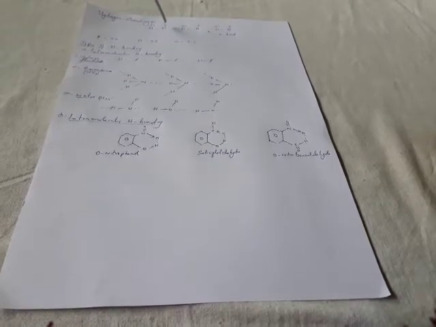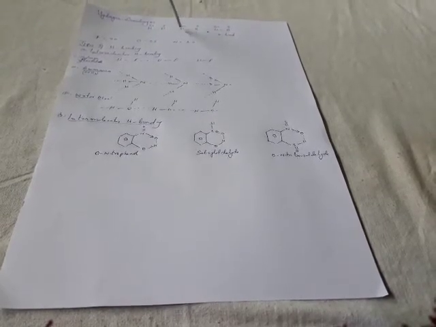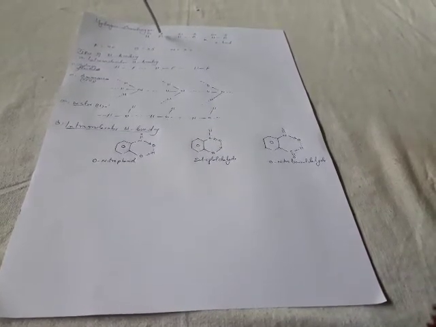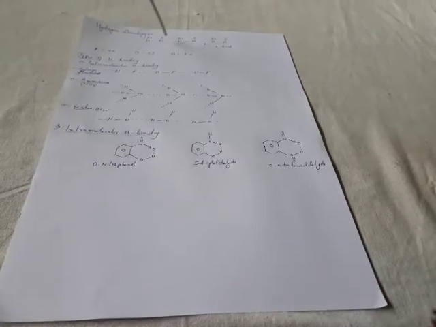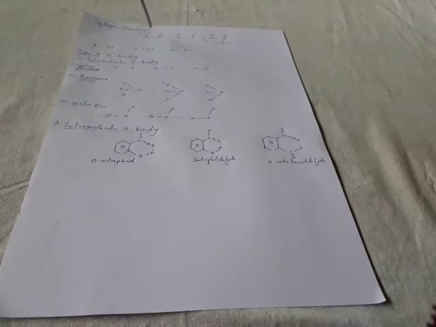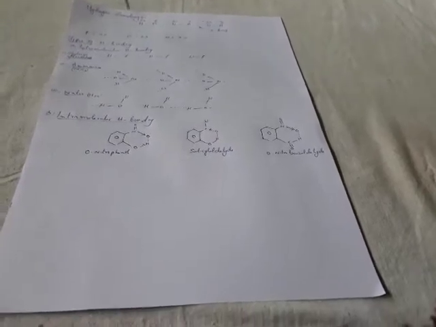Now the hydrogen atom of one molecule is attracted towards the electronegative atom of another molecule by an electrostatic force of attraction, and that electrostatic force of attraction is actually the hydrogen bond. As I have already told you, these are the compounds of hydrogen with strongly electronegative elements: fluorine, oxygen, and nitrogen.